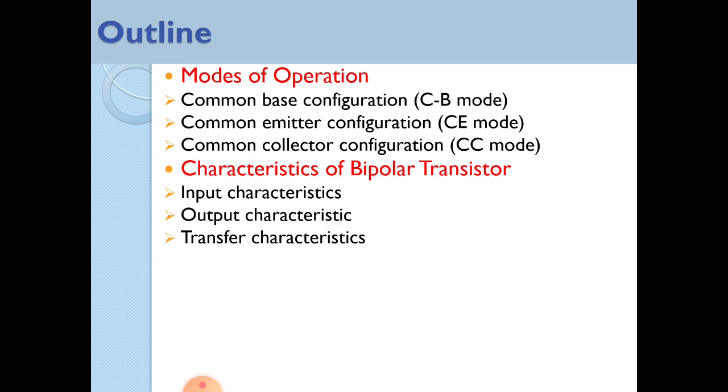Also, we will discuss characteristics of bipolar transistor. Depending on the configuration, there are three types of characteristics of bipolar transistor. One is input characteristics, second is output characteristics, and third is transfer characteristics.